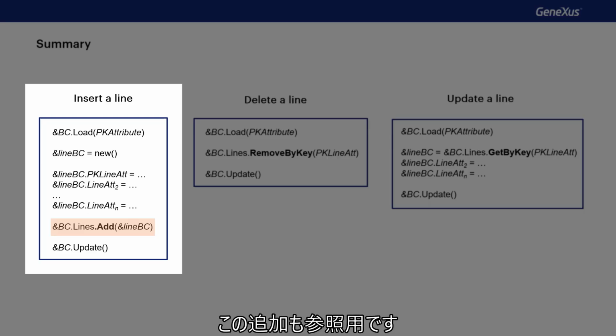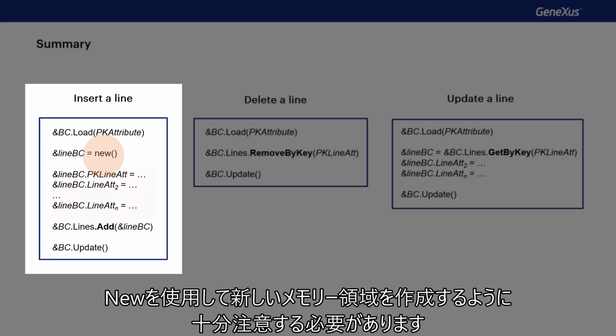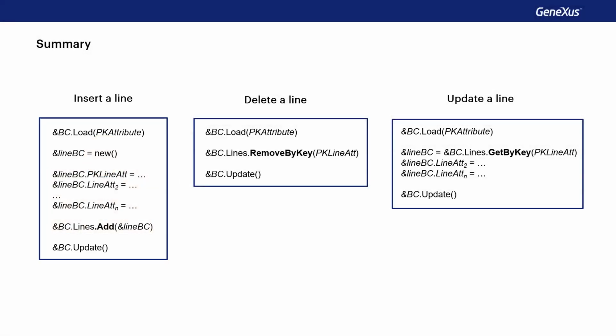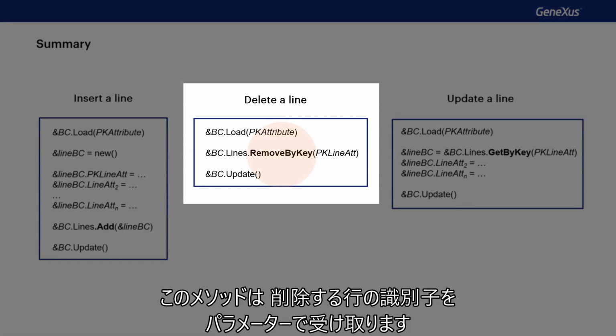This addition is also for the sake of reference. So we must be very careful to use the new to create new memory before working with each line. The removeByKey method is available for the deletion, which receives by parameter the identifier of the line to be deleted.